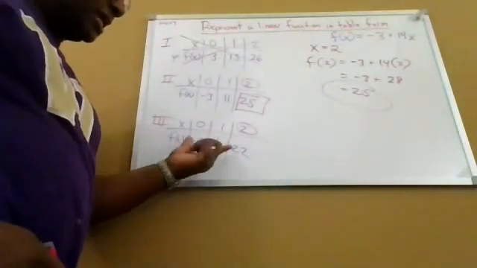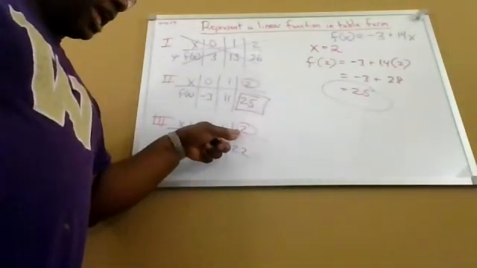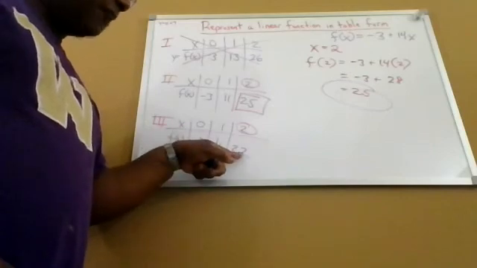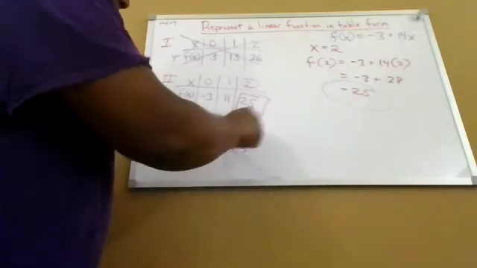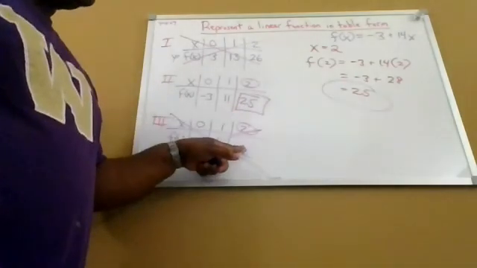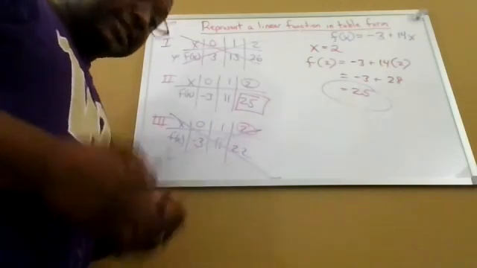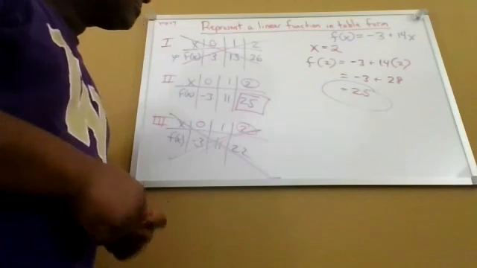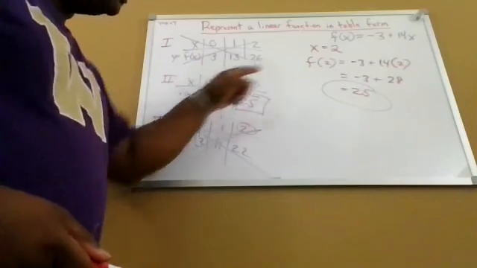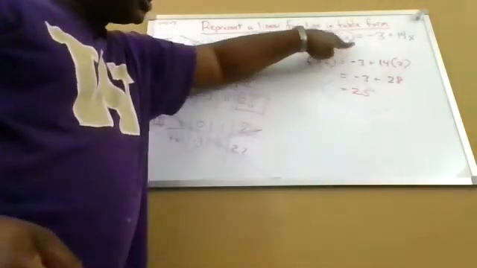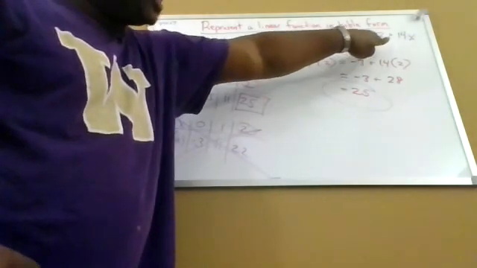So that means this data here does not satisfy this, because here for my x value, I have 2, but for my y value, I have 22. But that's not correct. So table 2 contains the data that I can use to actually graph that function, f of x equals -3 plus 14x.